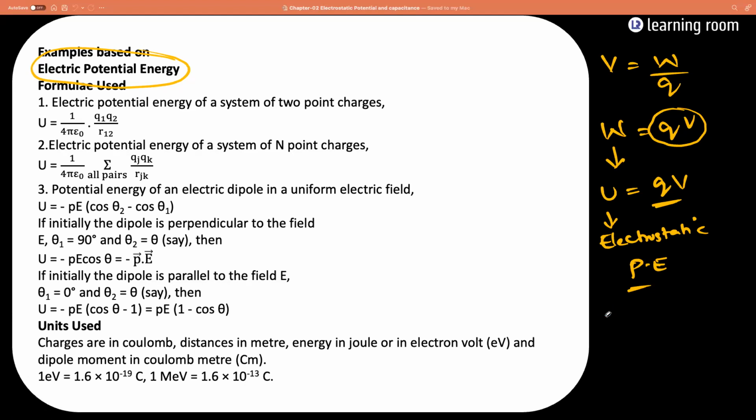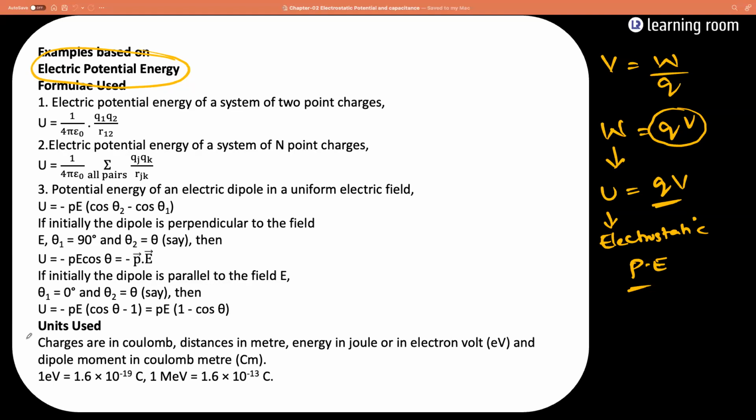Yesterday I told you about the language of questions. When they ask about force, they'll say, find the force between the charges. When they ask about electric field, they'll say, find the electric field due to a system of charges at a point. Similarly for potential, they'll say, calculate the potential due to a system of charges at a given point.